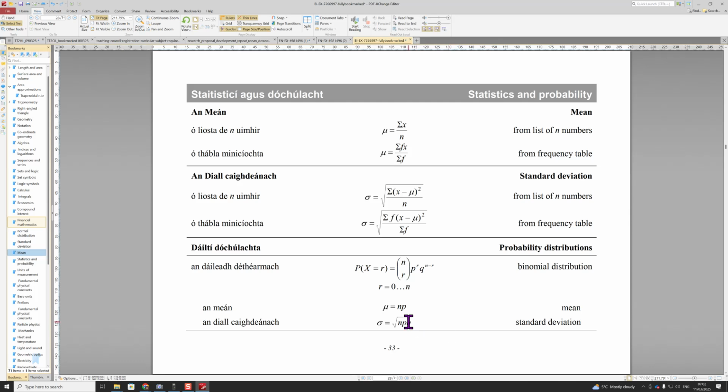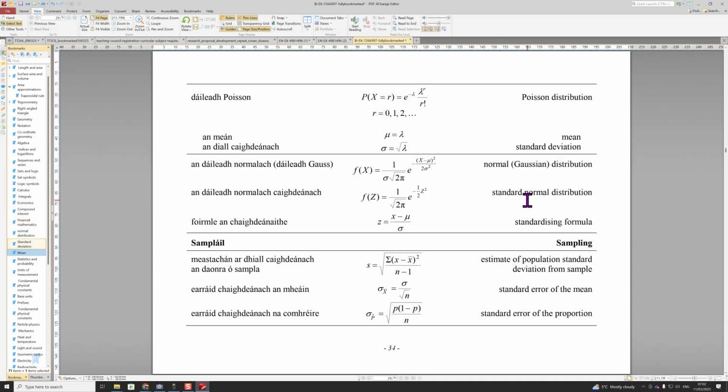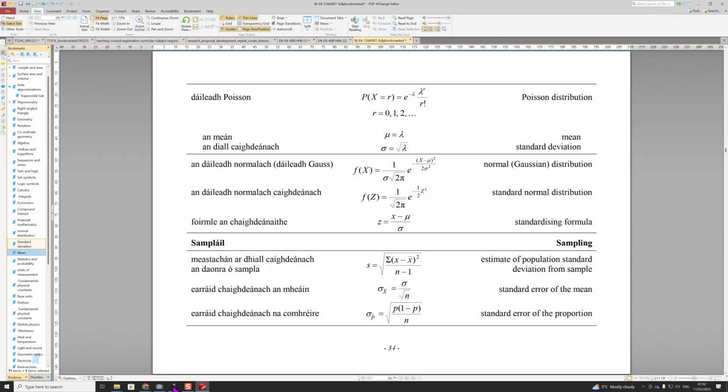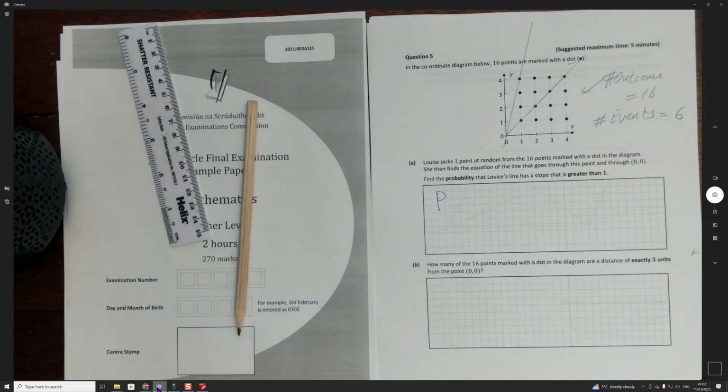Probability distributions. This looks like very advanced binomial distribution. It's a Leaving Cert concept. It doesn't have the formula we're looking for. Poisson distribution, sampling. So there's nothing in the log tables for us, so we have to just know this formula off by heart.